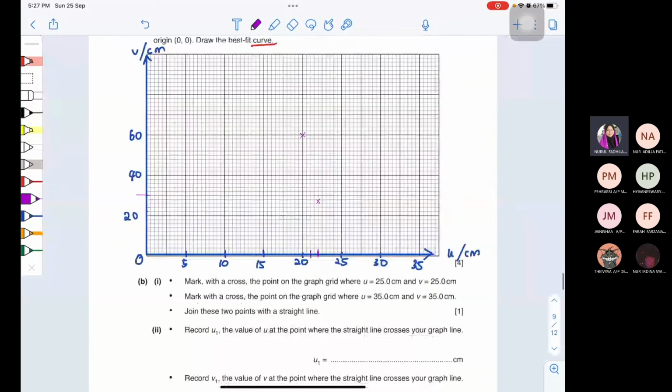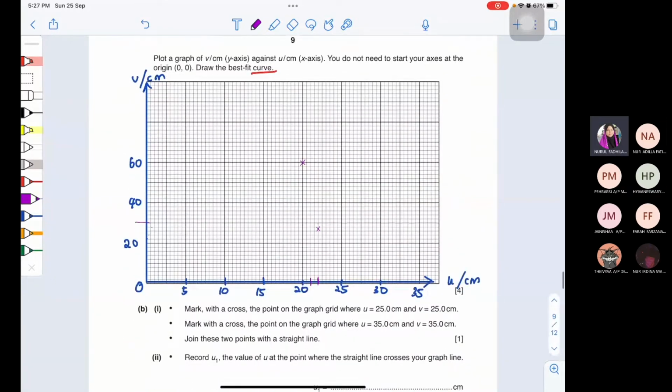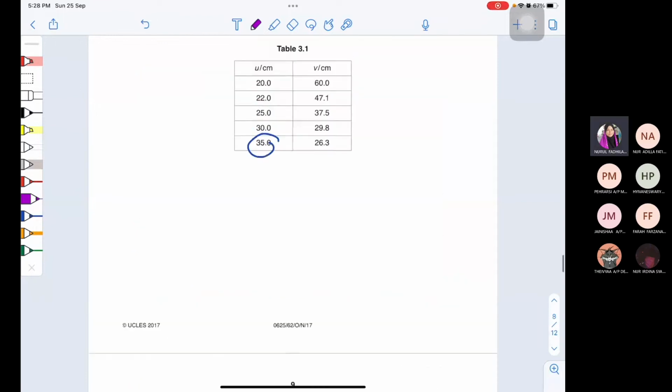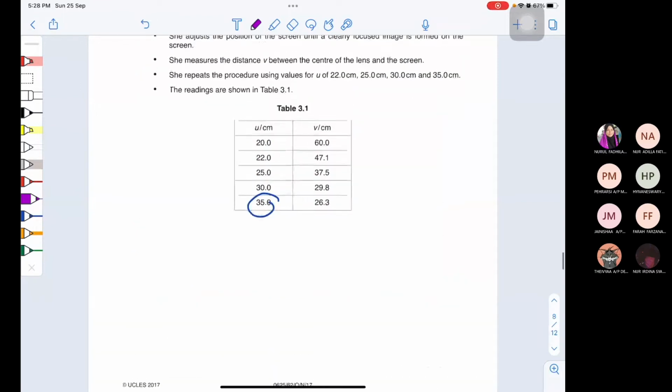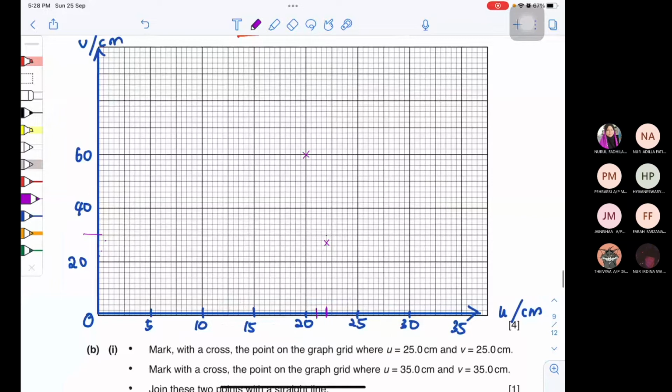25, 37.5. Where's 37? Kenapa dia macam berlari-lari ni? Saya salah kan? 22, 47.1, 40. So dia 40, 50, 58, 57. Okay.